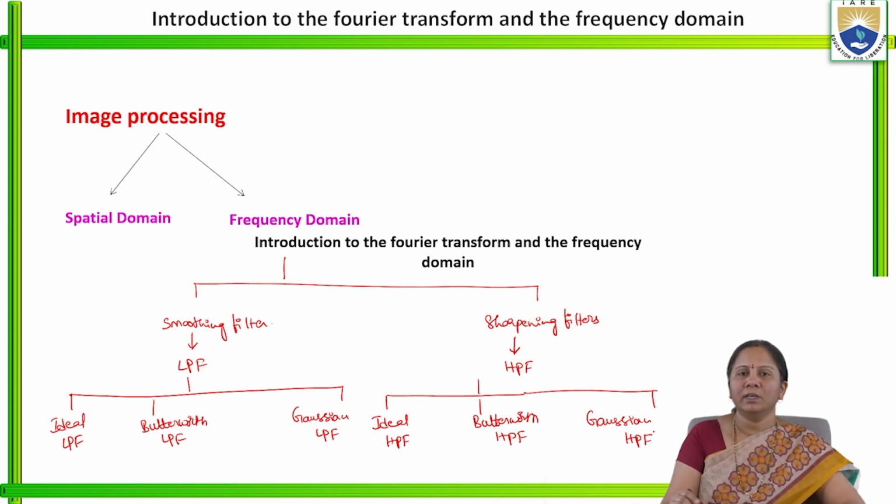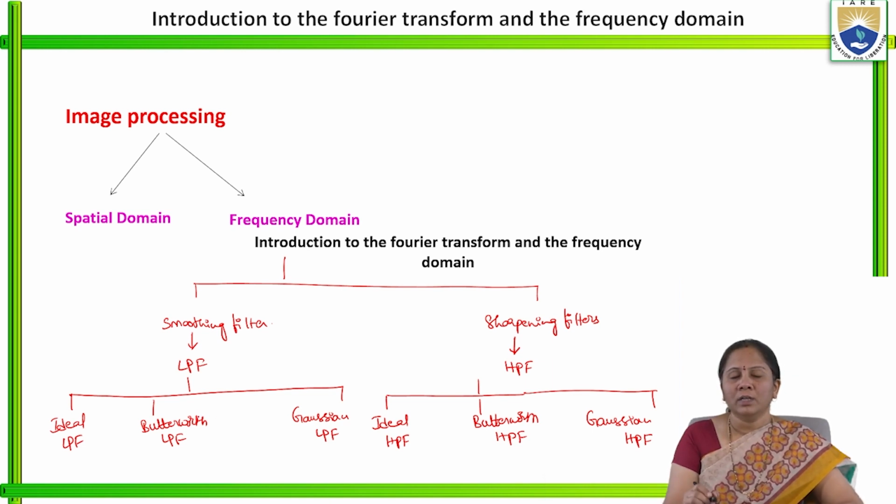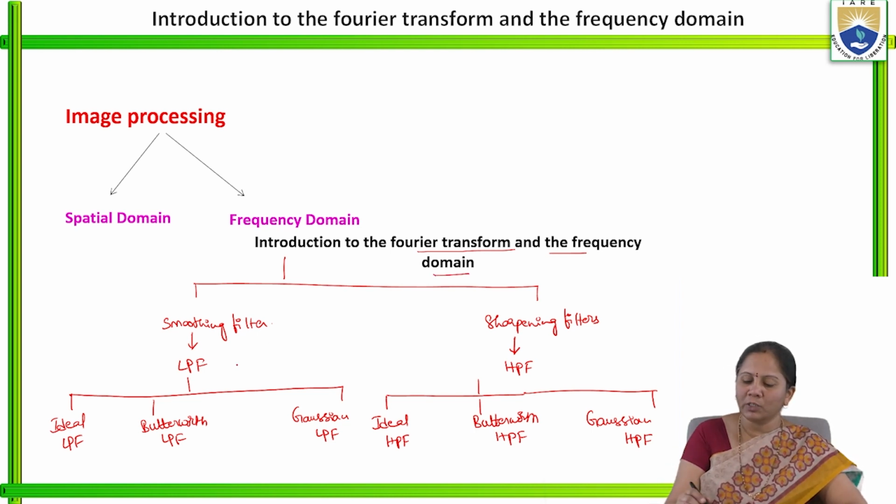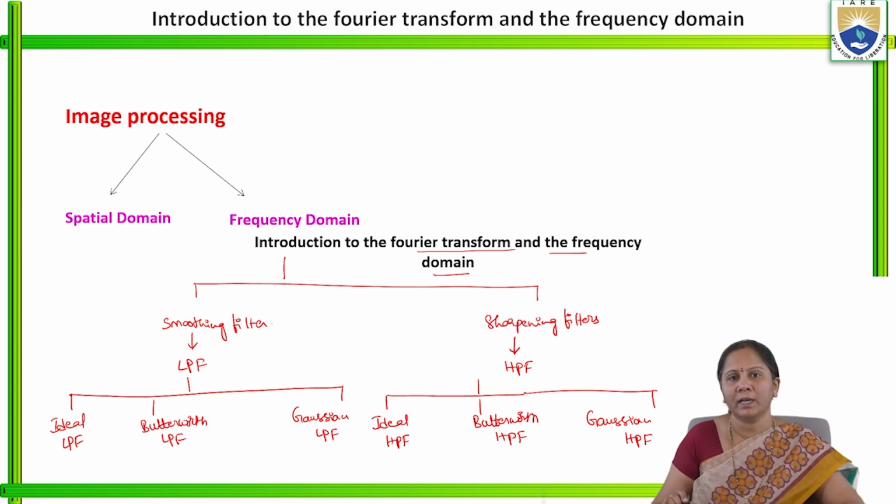So all these are the different categories we need to learn in detail. Now, in this session, let us have a small introduction regarding Fourier transform and the frequency domain. We will learn about the low pass filter and high pass filter, and their different categories, in the upcoming sessions.